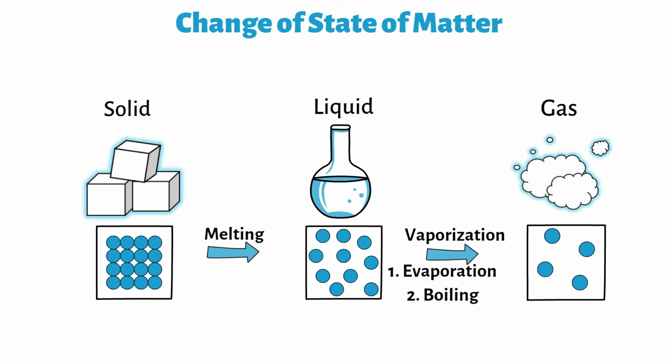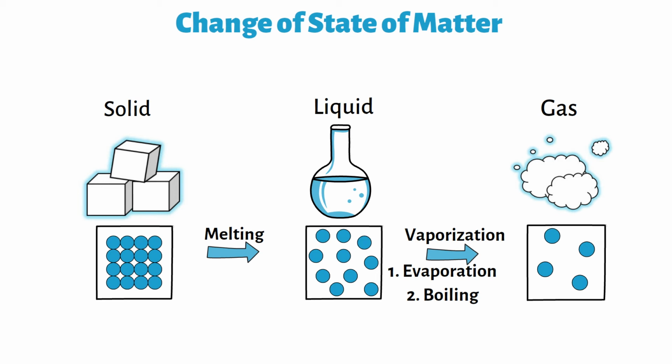In evaporation, only the surface molecules get the energy to move from liquid state to gaseous state, and it's a slow and continuous process. Also, evaporation happens below the boiling point. Examples of evaporation include a wet floor getting dried off eventually, or wet clothes getting dried off automatically.